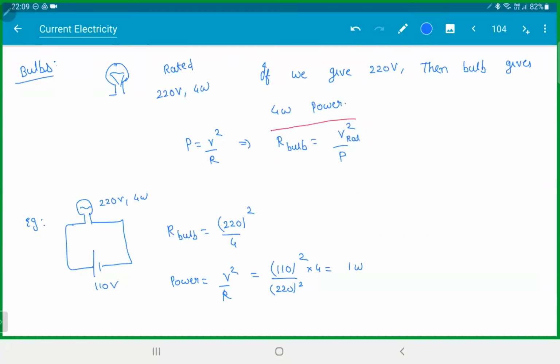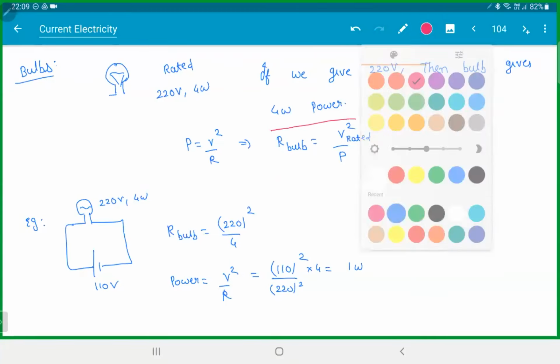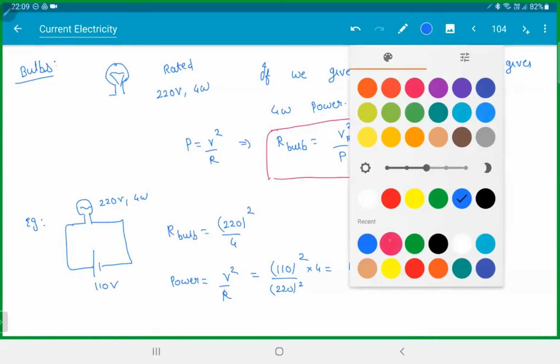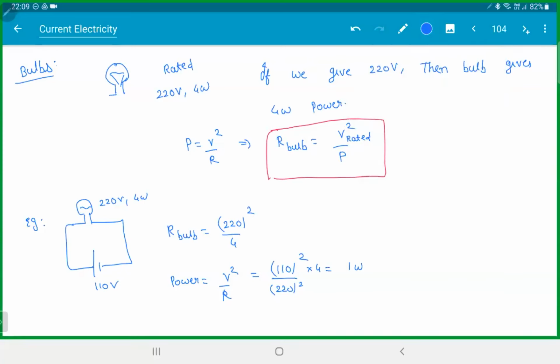This is V rated. This idea is important. Same thing, if you bring a bulb from the US to India and keep it, it will actually be 4 times brighter, because it's rated for 110, but you're putting 220 here.